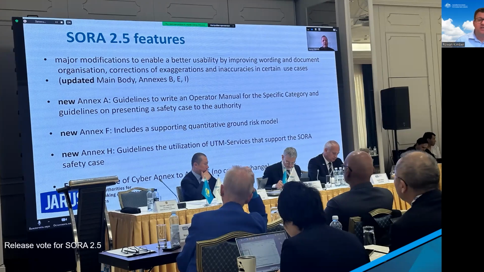If you haven't had a look at it, it should be released on the JARUS website in the next couple of days, and it's worth having a look. It did take some work convincing other members of JARUS's Safety and Risk Management Working Group, the group responsible for the SORA, that there really was a use case for 5 and for 50 people per square kilometre population bands. I did try to have the model include even lower population bands, going right down to 0.5.